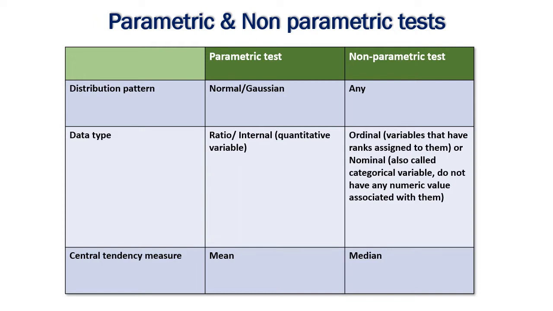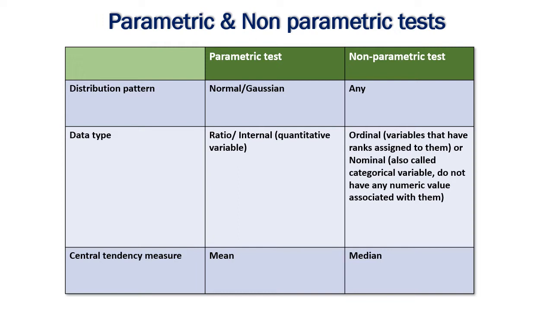Ordinal data types are variables which have ranks assigned to them. To cite an example, you can have grades A, B, C, D, and for grade A you assign the numeric value 1, for B 2, and C 3, and so on.